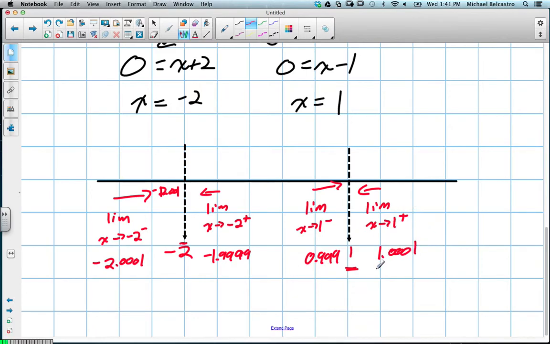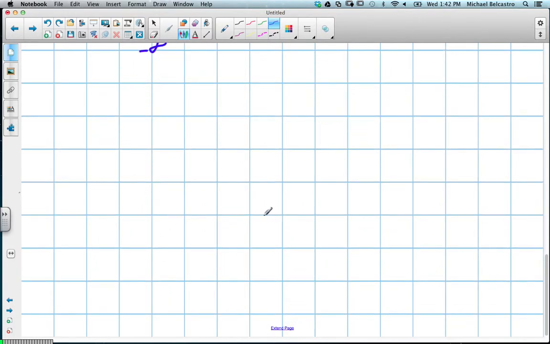So we're going to plug values in. Luckily we're already in factored form, so it'll be easy for us to decide what our y value is going to be. Assuming these are vertical asymptotes, we should be finding y values that will approach either negative infinity or positive infinity at these points. So we have one of two options.